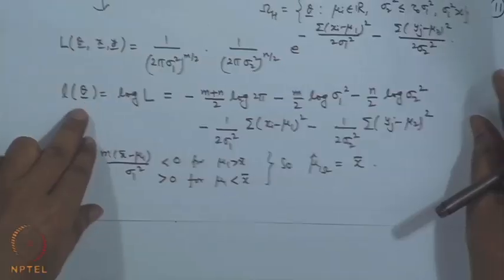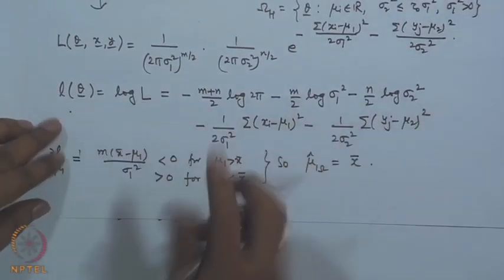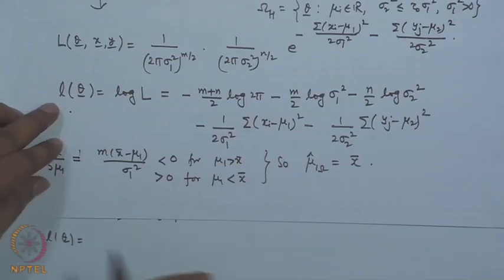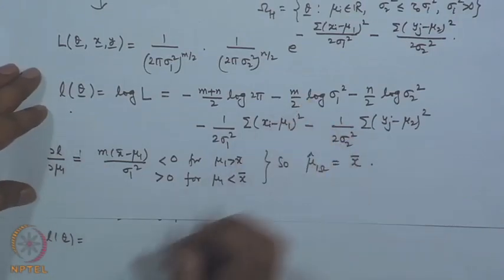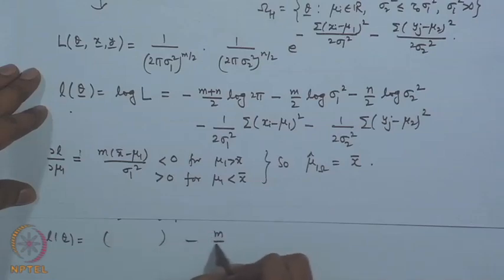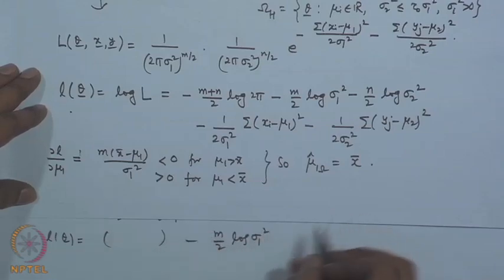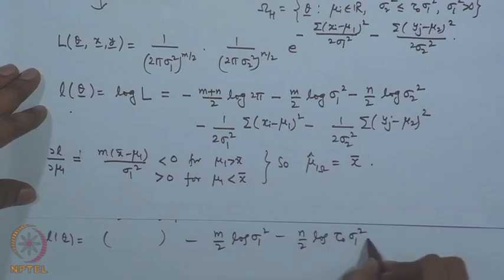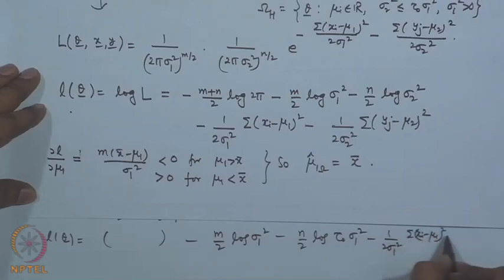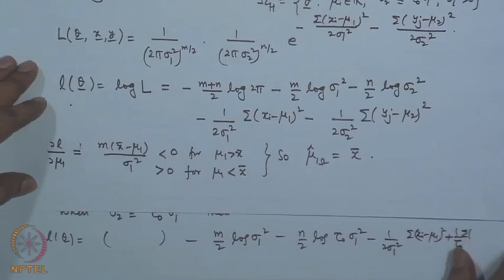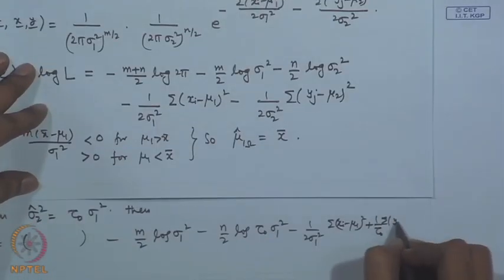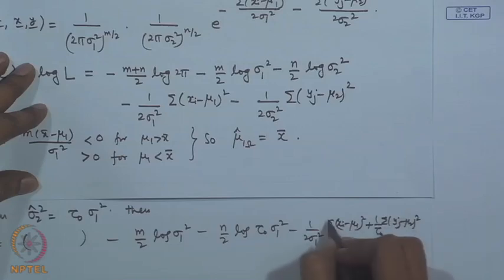Let me look at this term, small l theta, that is equal to, these terms will be there, minus m by 2 log of sigma 1 square minus n by 2 log of tau naught sigma 1 square minus 1 by 2 sigma 1 square sigma x i minus mu 1 square plus 1 by tau naught sigma y j minus mu 2 square. Now, we have already got the maximizing values of this. So, I will put x bar here.